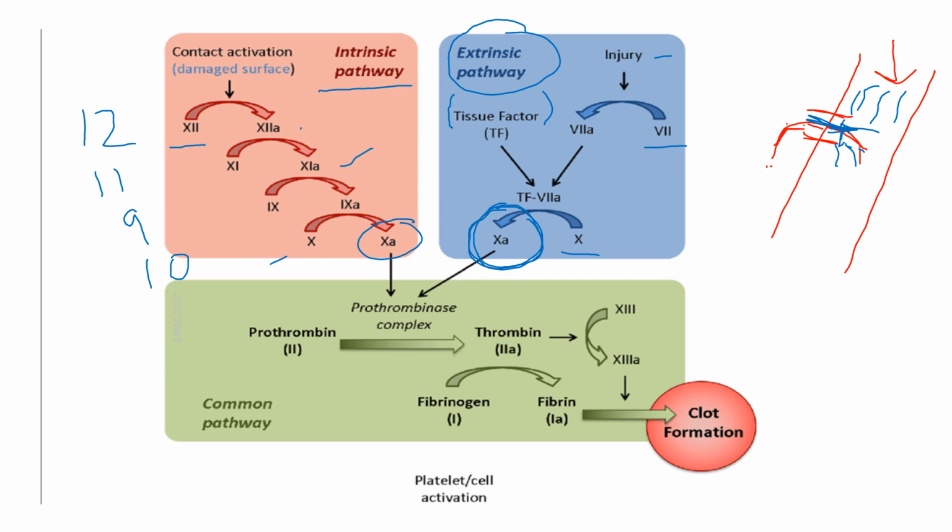Now this is the site where both the intrinsic and extrinsic pathways meet, and they will help factor 2, which is prothrombin, get converted into 2A, and the fancy name for 2A is thrombin. This step is very important and has a special name called the prothrombinase complex.